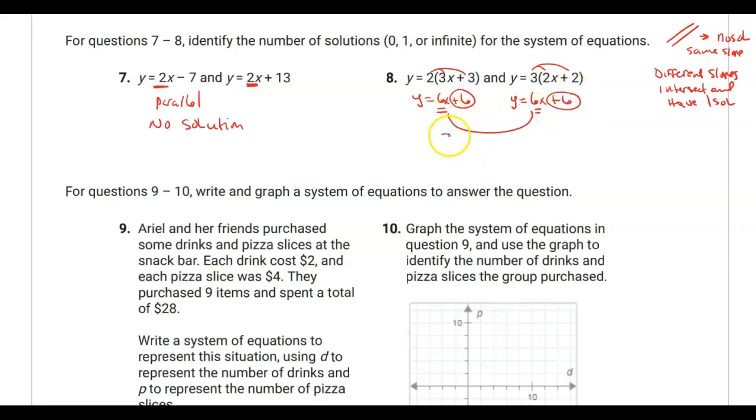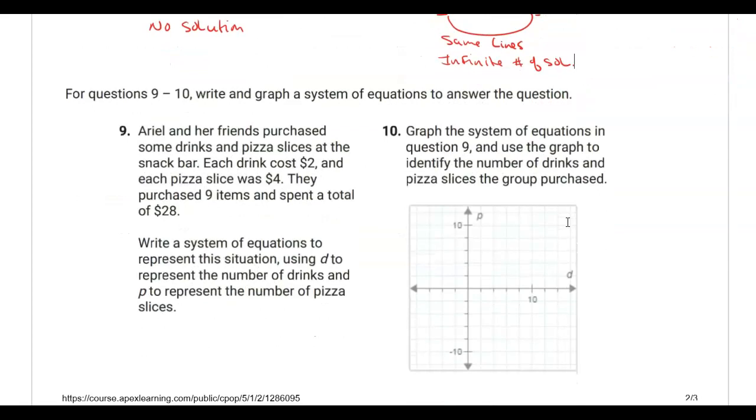So what happens is these are the same exact lines. And if you have same lines, that means you will have an infinite number of solutions. And that's because these lines will overlap and they're the same line, which means they have many ordered pairs in common. Okay, so if they didn't have the same slope, there would be one solution.